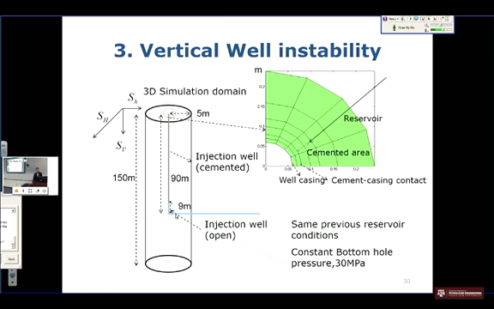Here we assume an open injection well, and we have some cemented vertical well with the following domain. First is the well casing, then the cement and casing contact and the cemented area, and we have reservoirs. We have the same properties of the hydraulic fracturing as for the horizontal well, and we have a constant bottom pressure of 30 megapascal.